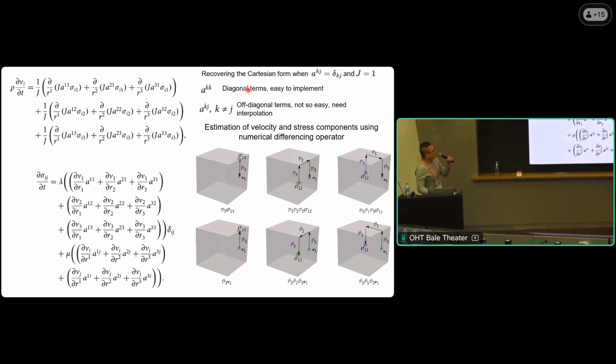Then we can take a look at this A_kk, the diagonal terms. They're easy to implement in the numerical scheme because they also exist in the Cartesian grids, and we can just follow the same approach to approximate the velocity and stress in the numerical methods. But the off-diagonal terms are not so easy, and we have to implement some interpolation and differencing operators in order to approximate the velocity and stress in the curvilinear grids.